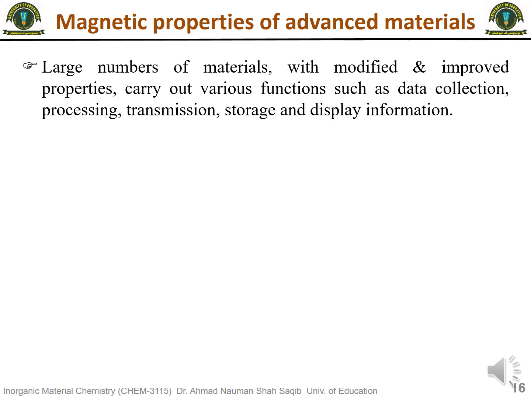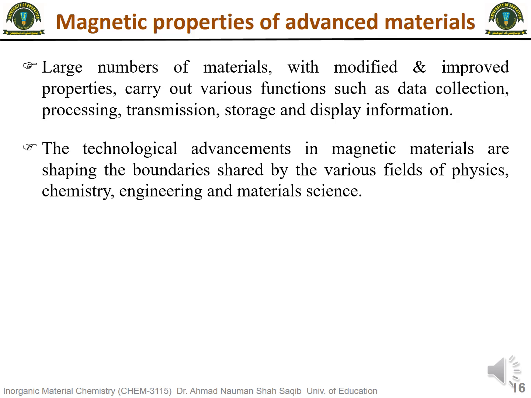And you can judge the importance of advanced materials for magnetic applications from the fact that people from different fields, like physics, chemistry, engineering and materials science, are working together and converging to make these materials better and more efficient for certain high-end applications. For example, hybrid electrical vehicles or normal electrical motors, and also spintronics applications.